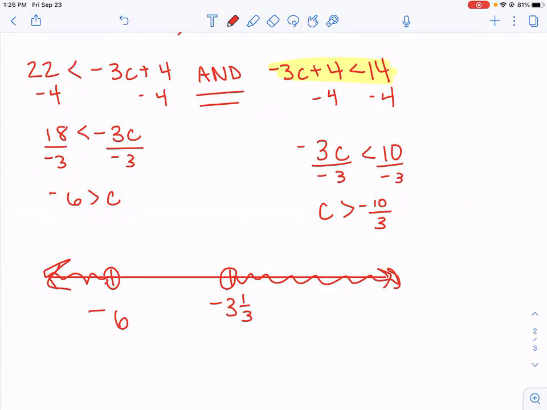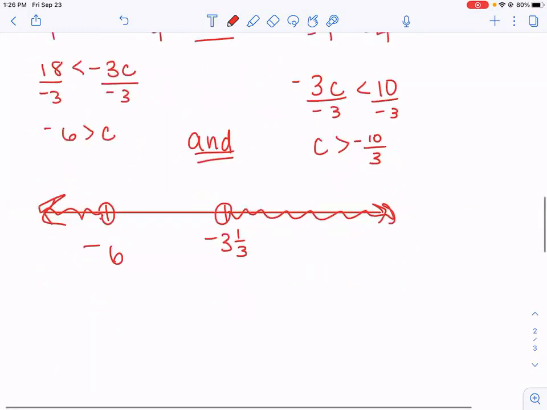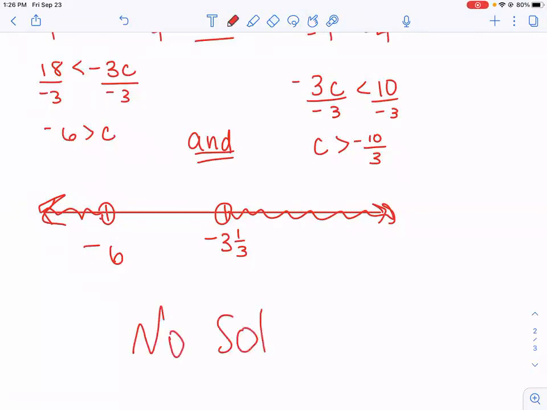Oh, it can't. You're right. This is an and statement. Is there a number that we can, those don't overlap.